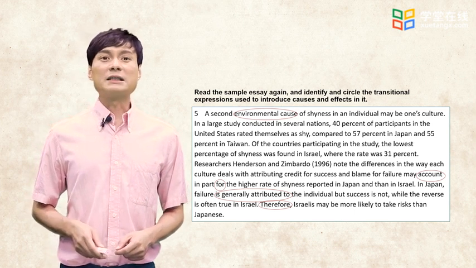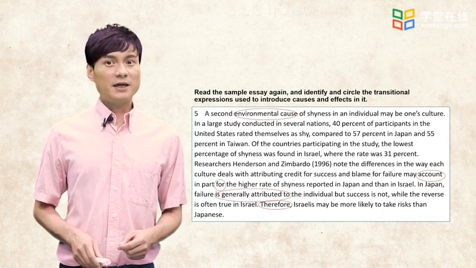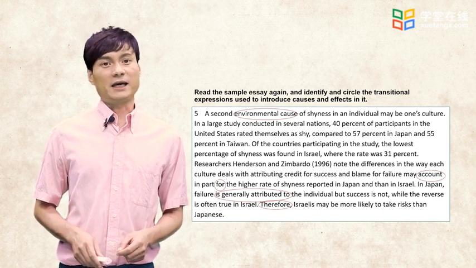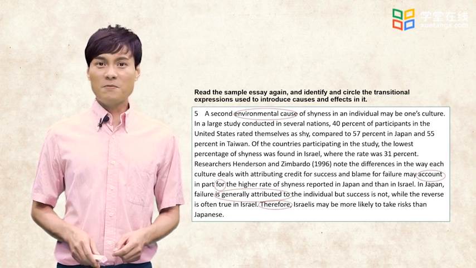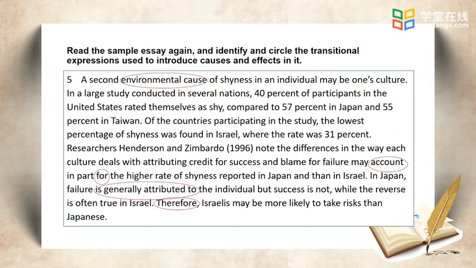In other words, the idea before it is the cause and the idea after it is the effect. But is attributed to goes after the effect and is followed by the cause. So in this case, failure is the effect while the individual is the cause. The last word is therefore, which obviously indicates effect.